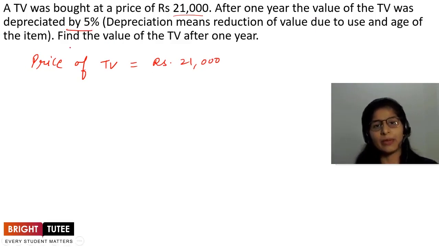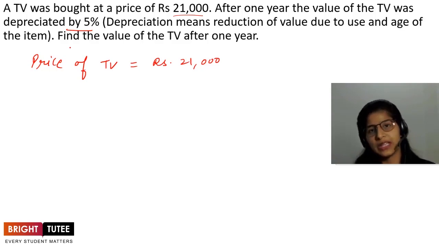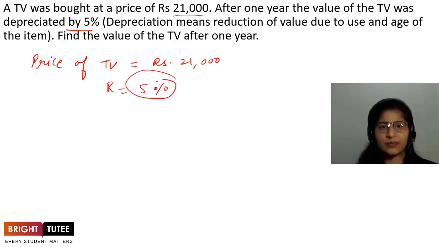You know, when we use an item and want to sell it again, suppose I have used something for one year, because of its use and age the amount gets deducted. I can't just sell it for 21,000, I have to decrease the price and sell it. So the price is depreciated by 5%, so the rate is given as 5%, and that is a deduction. Remember that. And we have to find the value of the TV after 1 year.